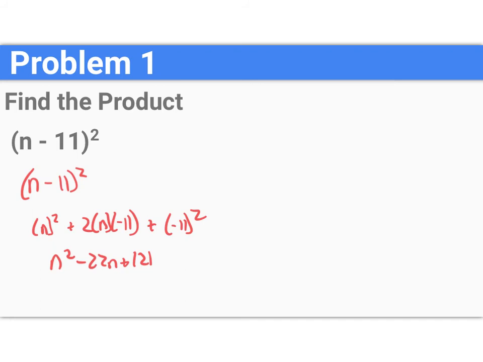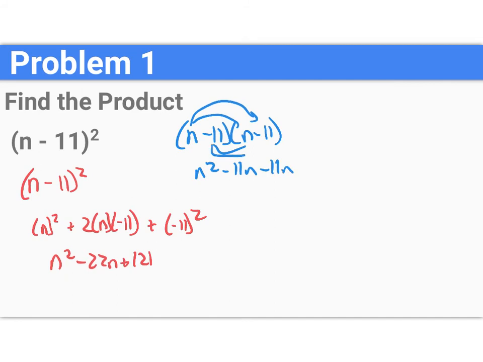And if you want to see that done a long way, I've got n minus 11, n minus 11: the first n squared, the outers minus 11n, the inners minus 11n, and then the last plus 121. n squared minus 22n plus 121. There you go, same thing.